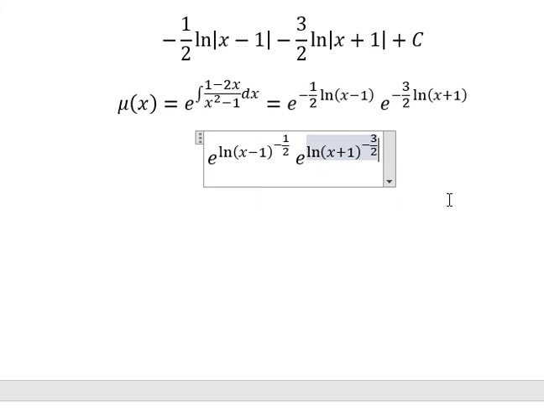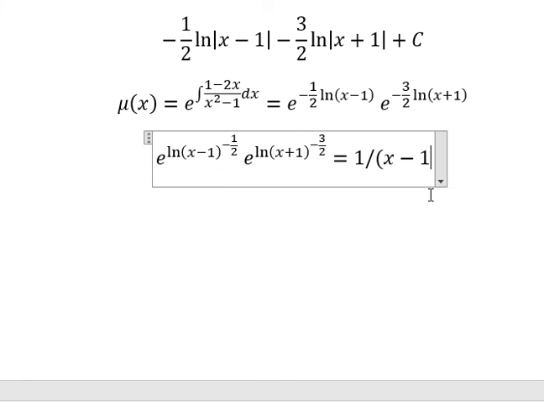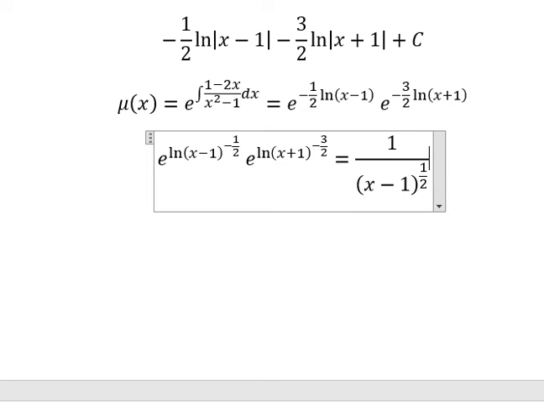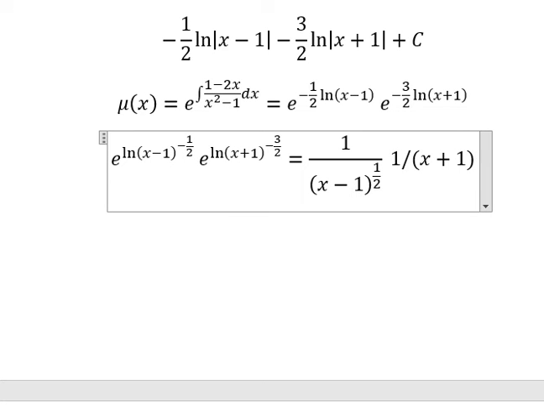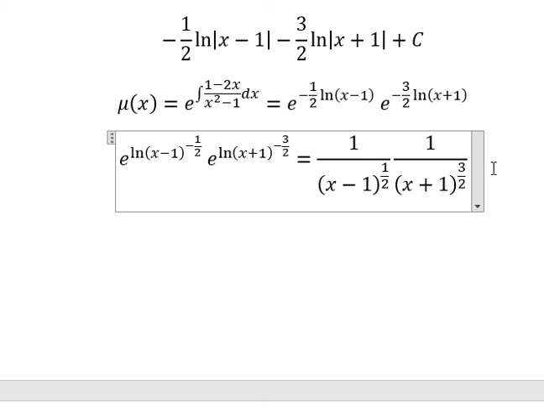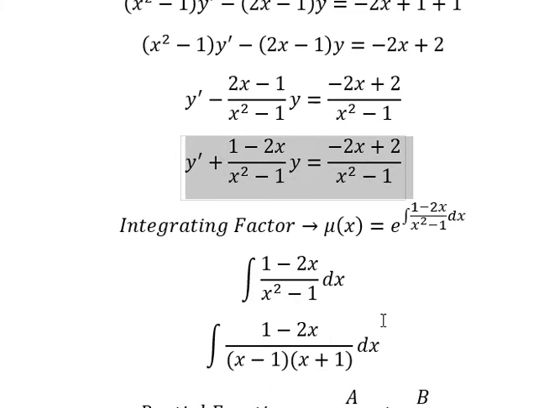So this one we will have 1 over s minus 1 to the power of 1 over 2 multiplied by 1 over s plus 1 to the power of 3 over 2. So we go back to this one.